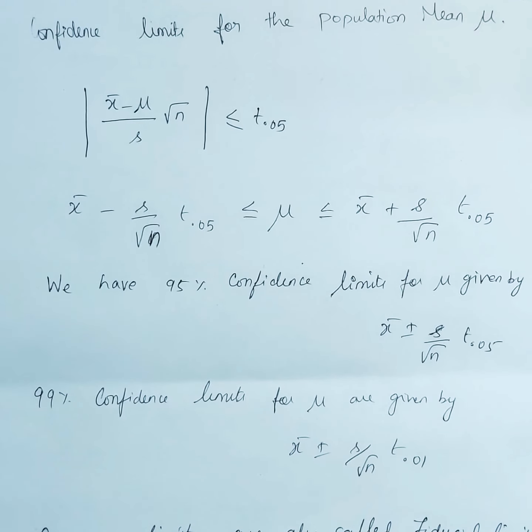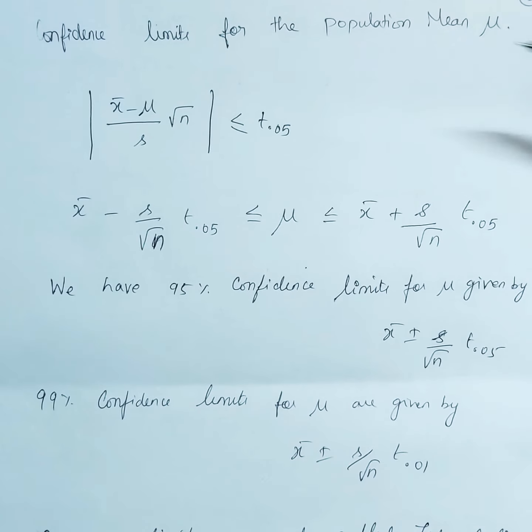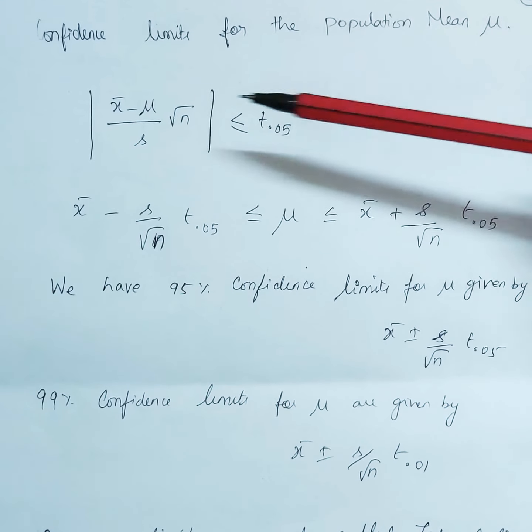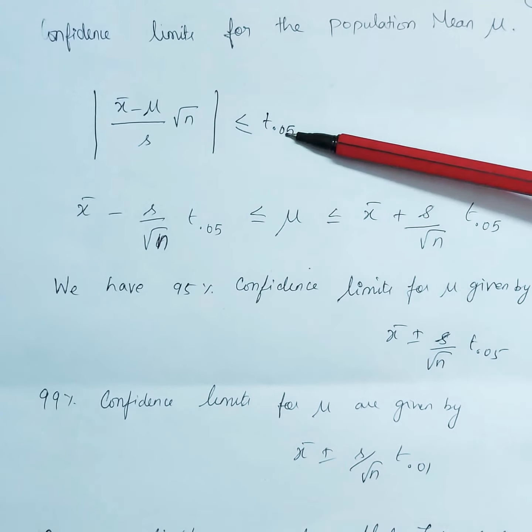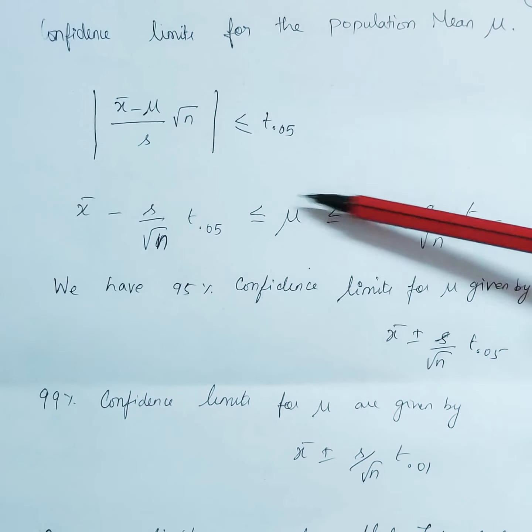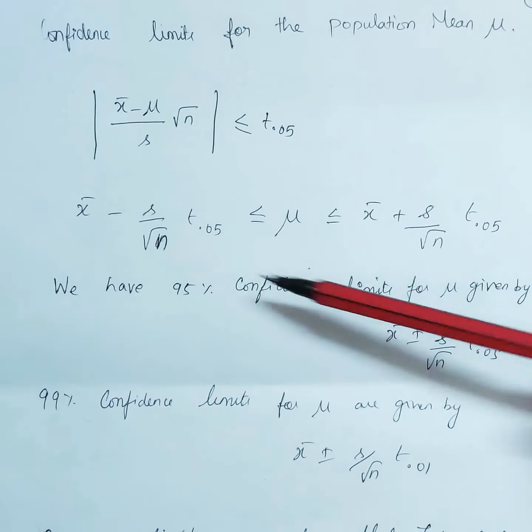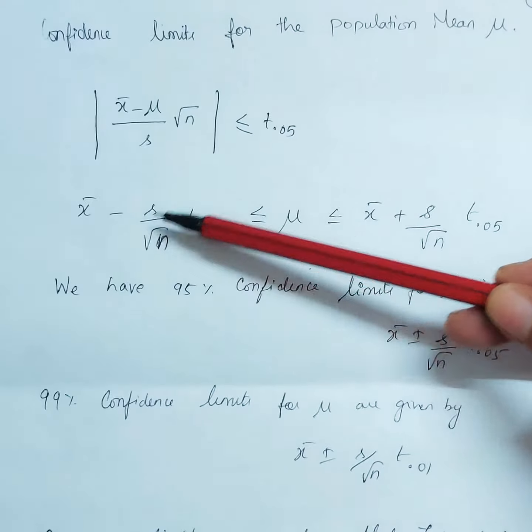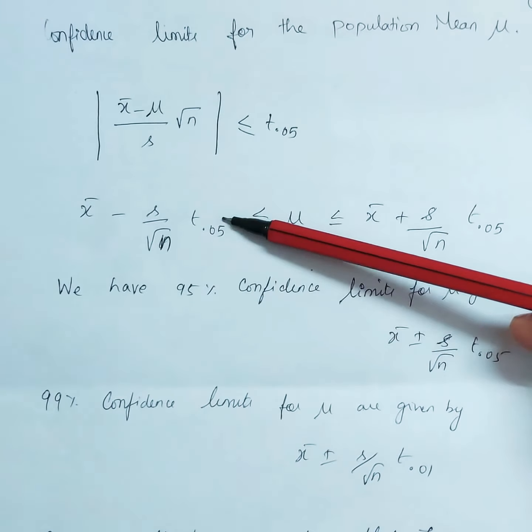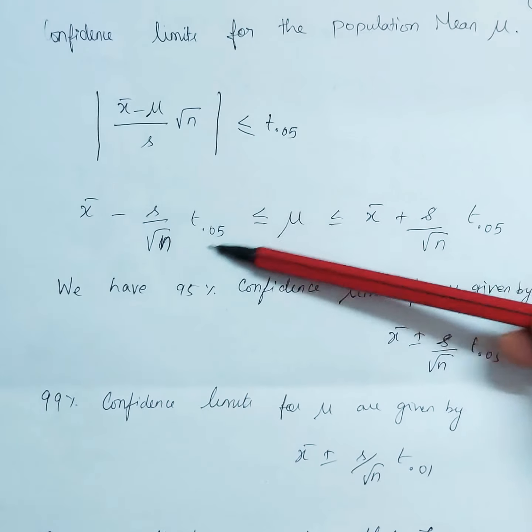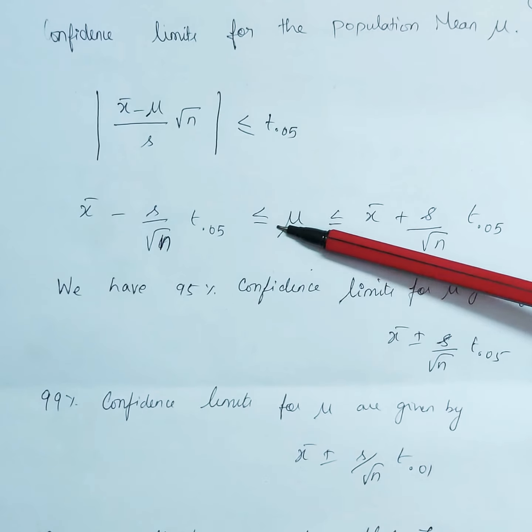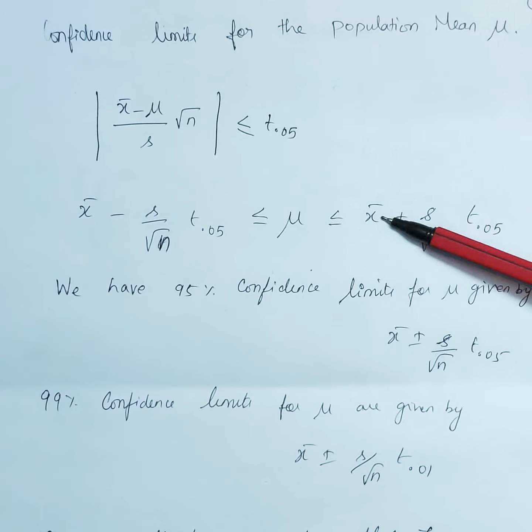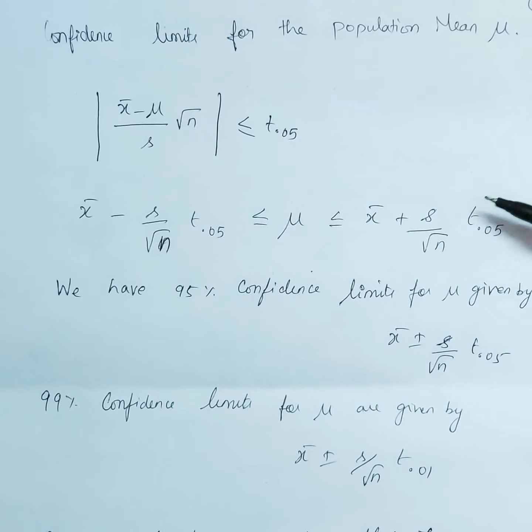One more thing, the confidence limits we have seen, right? In the same way here, for the confidence limit for the population mean mu, the modulus value should be less than or equal to t of 0.05. If we remove the modulus and simplify, we get x bar minus s by root n into t of 0.05 less than or equal to mu less than or equal to x bar plus s by root n into t of 0.05.